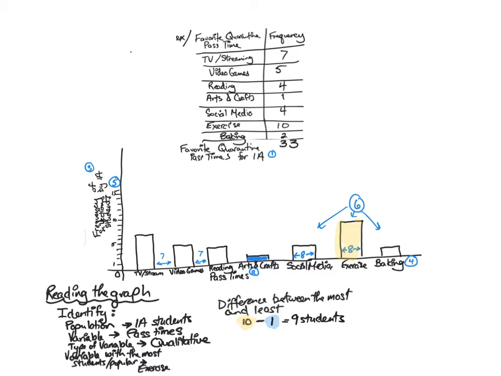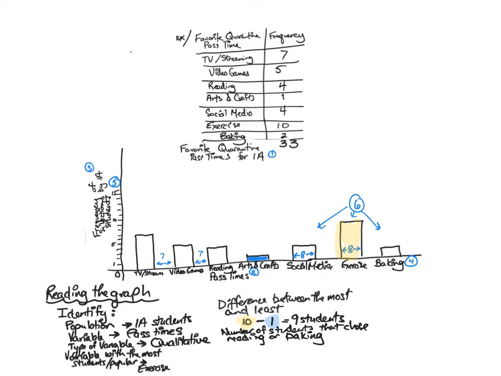Or something like identify the number of students that chose reading or baking. So when we're talking about an or, that's an addition situation.